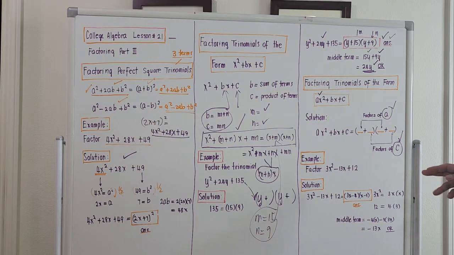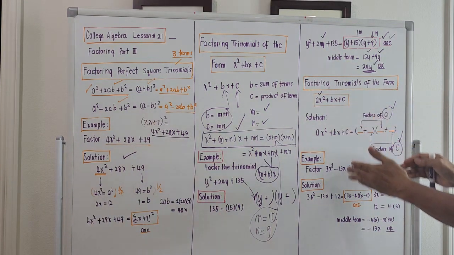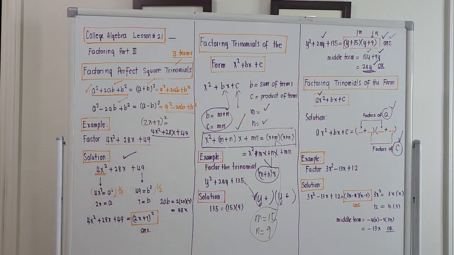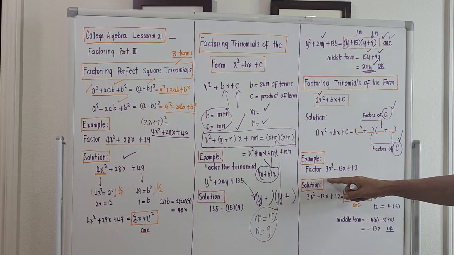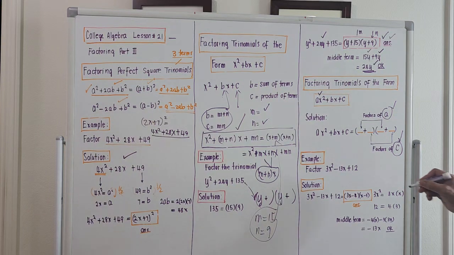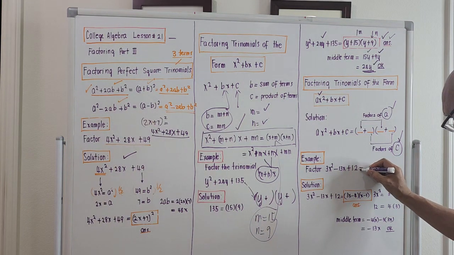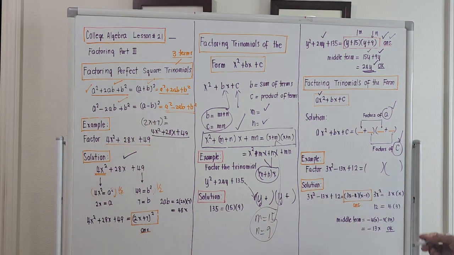Okay, to visualize the significance of this form here, let's bring out an example. Factor this trinomial, which is 3x squared minus 13x plus 12. It's trial and error, right?